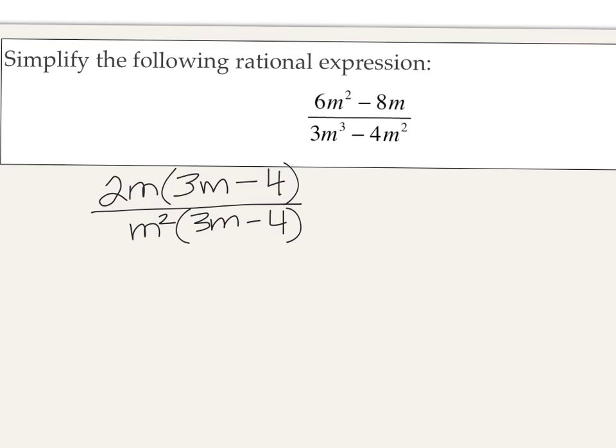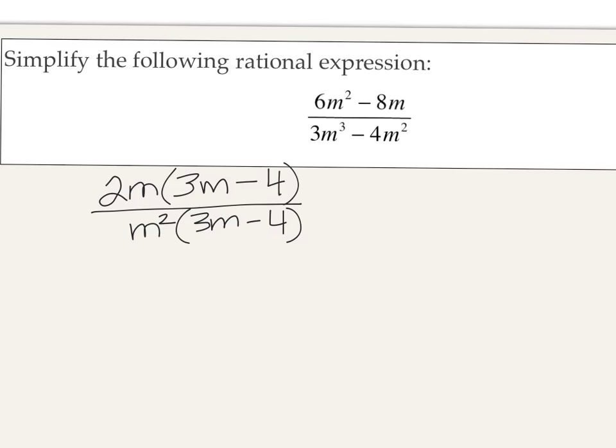But here, once you have common factors on the top and the bottom, so factors, the word factor, I'm sure many people in here don't know what it means. It means multiply. So when we're saying factors, it's things that are multiplying together. So up top, 2m is multiplying by 3m minus 4. So they're factors of each other. And on the bottom, I have m squared multiplying by 3m minus 4.